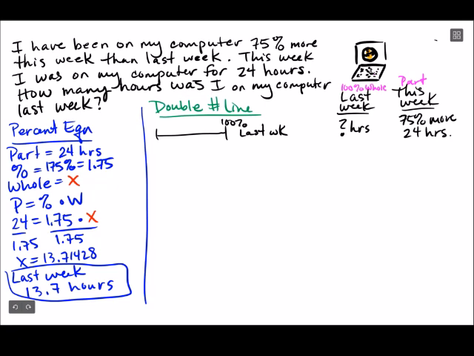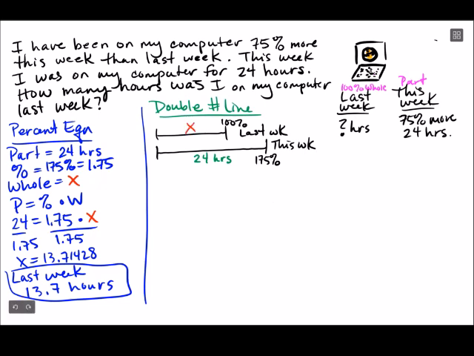And then I draw my second number line, that's going to be this week, and I know that it's an increase, so I'm going to make it longer, and I know that's 175%, and that's this week. And I know that this week I was on for 24 hours. And last week, I don't know how long I was on, so we call that X.